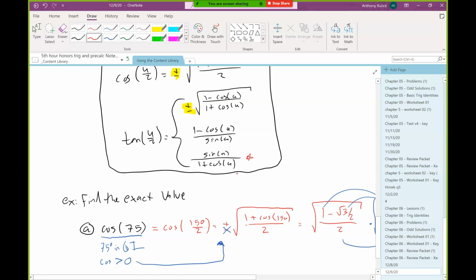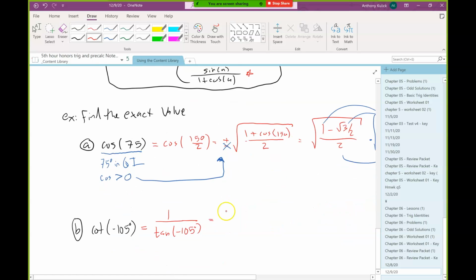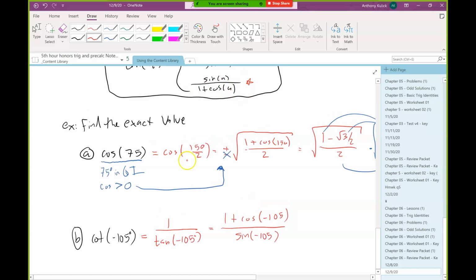So if I have to rationalize the denominator, that'll make life much easier if I don't have addition and subtraction in my denominator. So this is going to become 1 plus cosine of negative 105 over sine of negative 105. Notice that I did the reciprocal of this one because I have 1 over tangent. Right, everybody can see that?